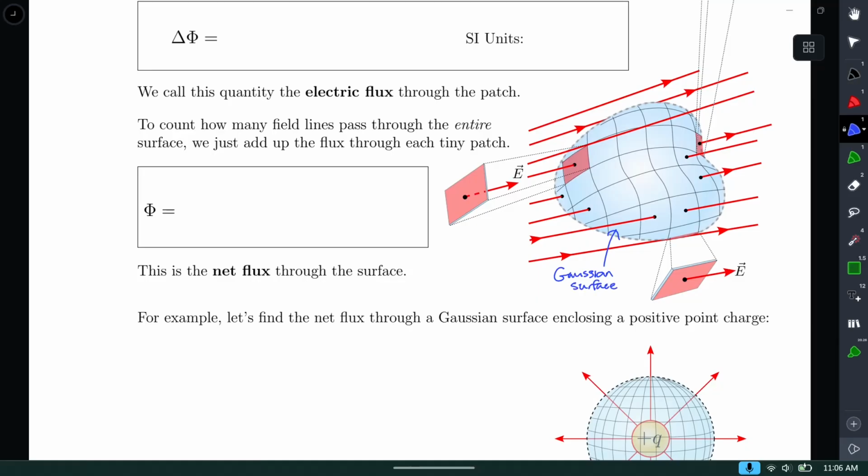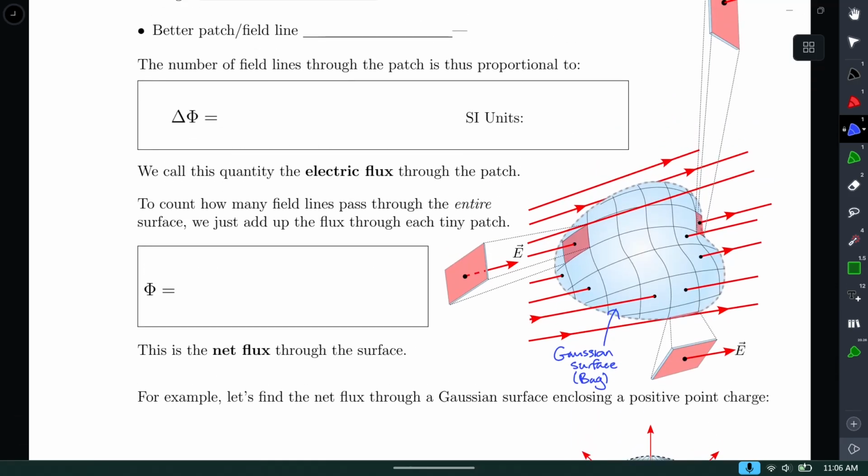This is just another one in another possible electric field. That's our bag. It's kind of hard to imagine or think about how many lines are poking into and out of the entire bag at once. Instead, we could simplify down to just one tiny piece of the bag.